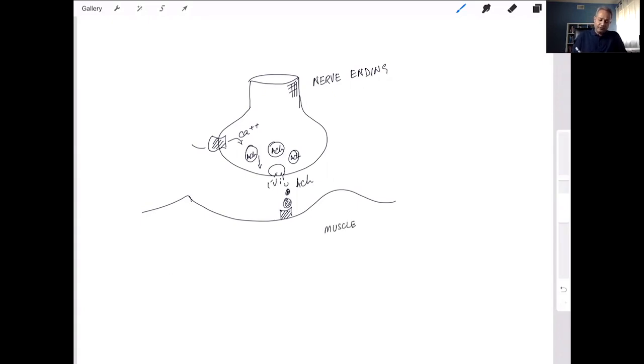So this is the muscle. Now imagine if you block this calcium channel. If this calcium channel is blocked, do you think that the acetylcholine release will be normal? No. And this is exactly what happens.